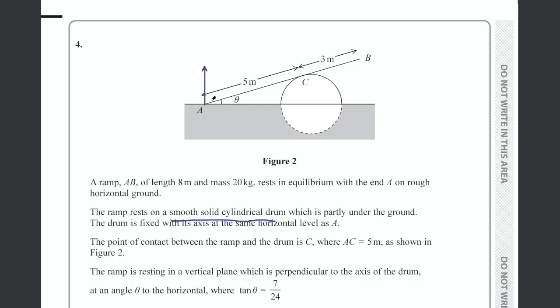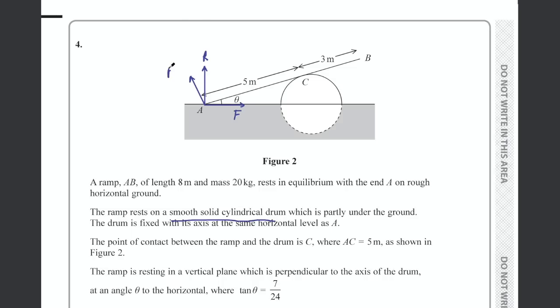So this force here, the vertical force pushing up on the rod at A, we can say is the reaction force. So this is the force pushing up on the rod at A from the ground. This force here in the horizontal direction is going to be the frictional force. And because we're going to be taking moments on particular points on this rod, we want the perpendicular aspects of those 2 forces.